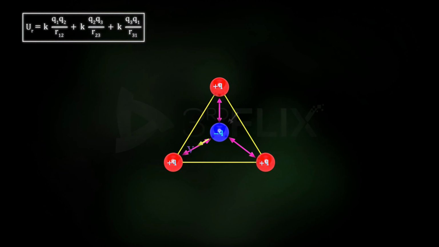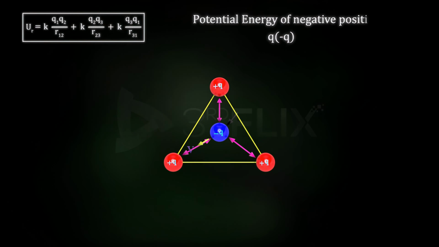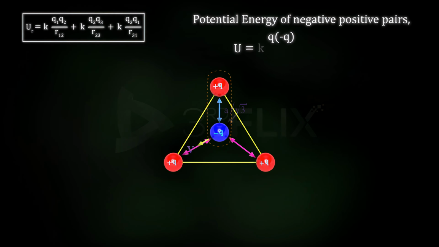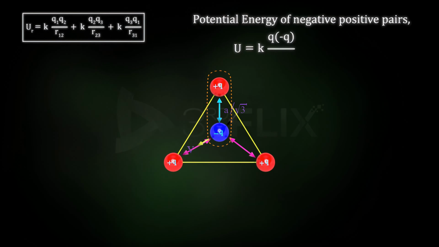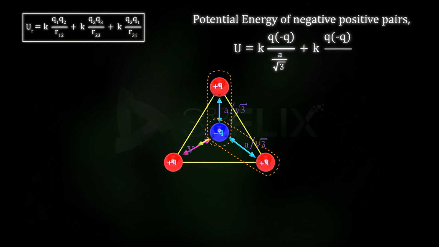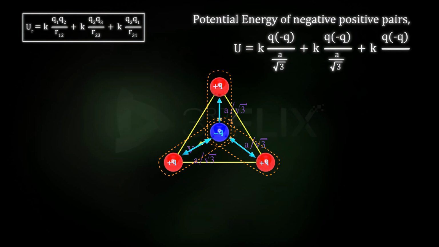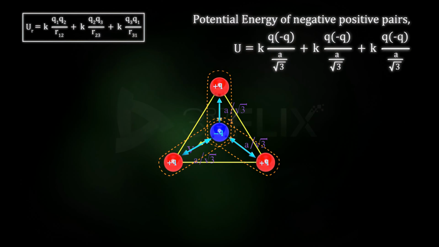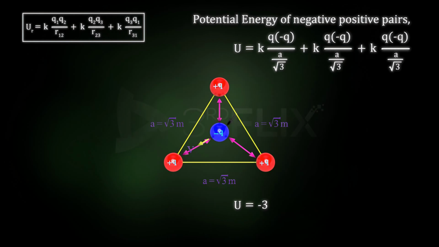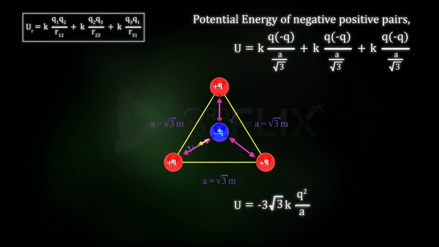When the negative charge is at the centroid, potential energy of the negative-positive charge pairs is equal to kq(minus q) by a by root 3 plus kq(minus q) by a by root 3 plus kq(minus q) by a by root 3, which is equal to minus 3 root 3 kq squared by a.